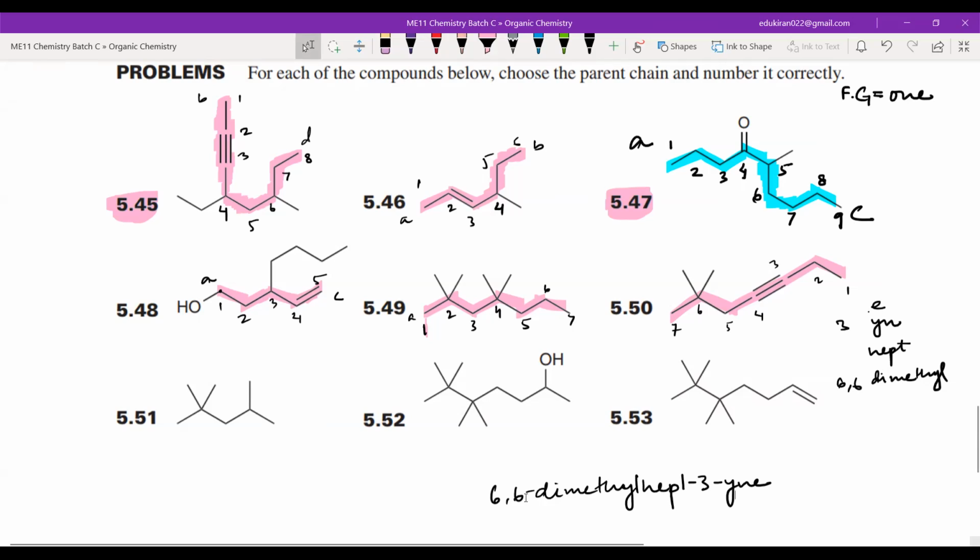I did not make any mistake, I hope. 6,6-dimethylhept-3-yne.